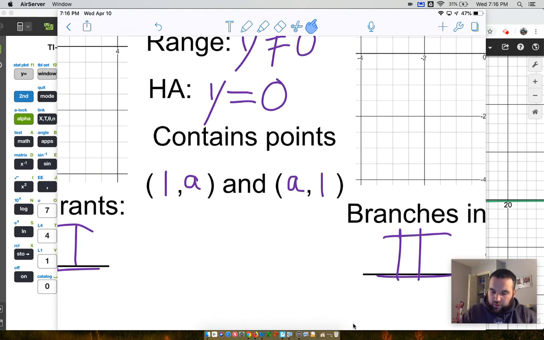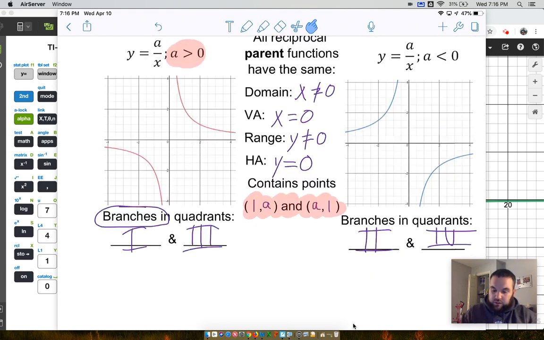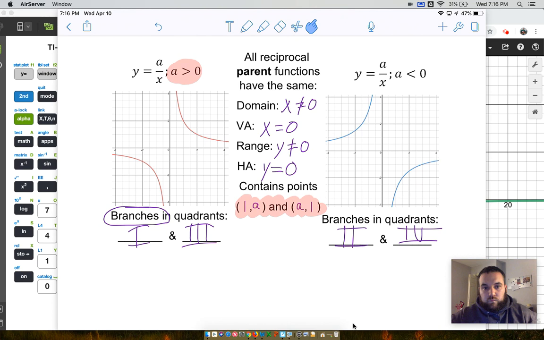So we're going to use this fact here to make graphing a lot easier in a little bit. Okay, so all of these reciprocal functions have these same characteristics. Kind of a long-winded way of saying it, but it's really important because we're going to build off of here.